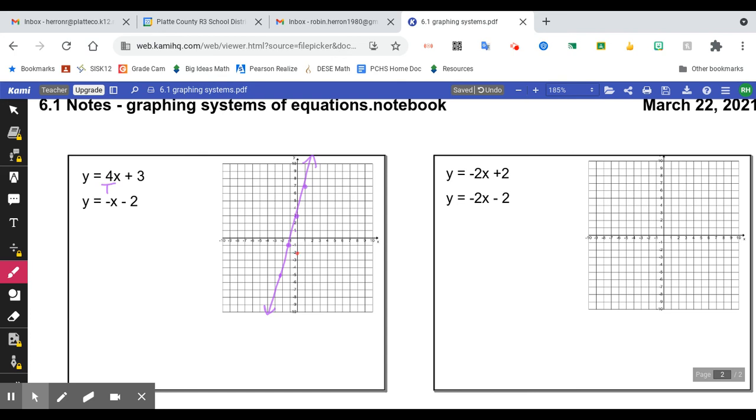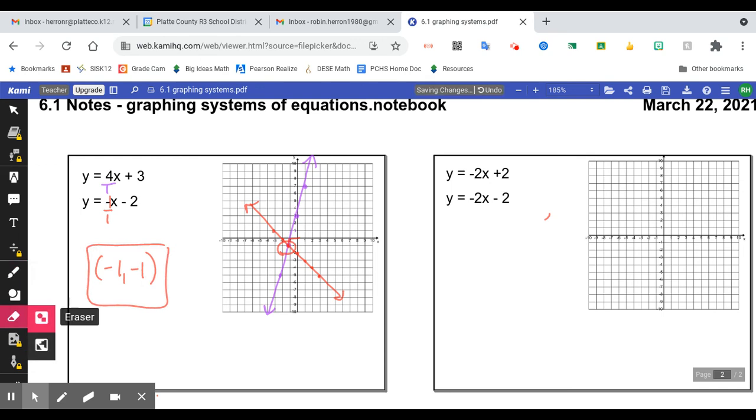And then my slope is -1 over 1. So down 1, right 1 goes this way, but I need it to go the other way. So I'm going to go up 1, left 1, and they just intersected. So here's my point. To get there, I have to go left 1, down 1. So -1, -1.